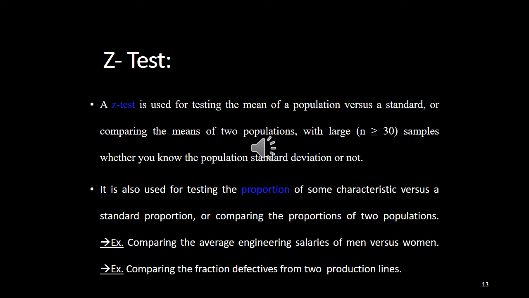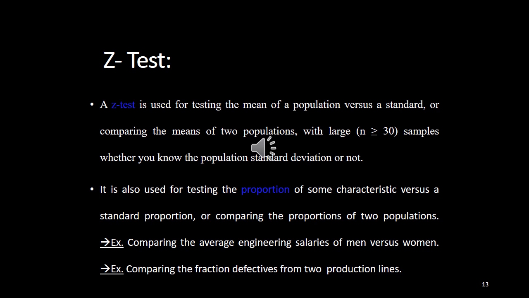So in the z-test we test the mean of the population, for one population and for two populations. We test whether the population mean mu is equal to the sample mean or not, that is, whether our estimated sample mean is representing the population mean or population parameter.